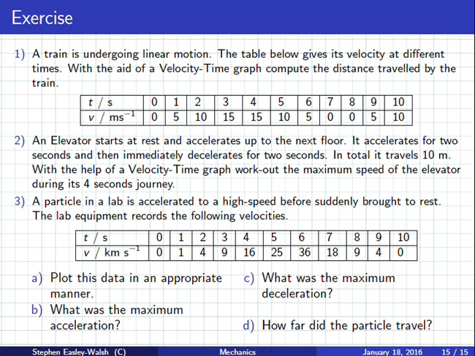So if I want the A, I'll call this A1. A1 would equal this height. How big is that? 20. And this base? 4. So it equals 5 meters per second squared. That's the gradient. And now we want the deceleration next.